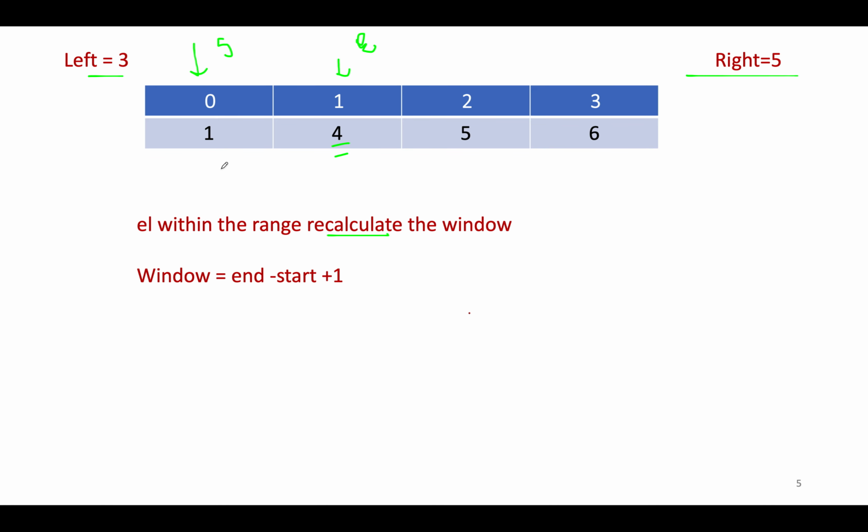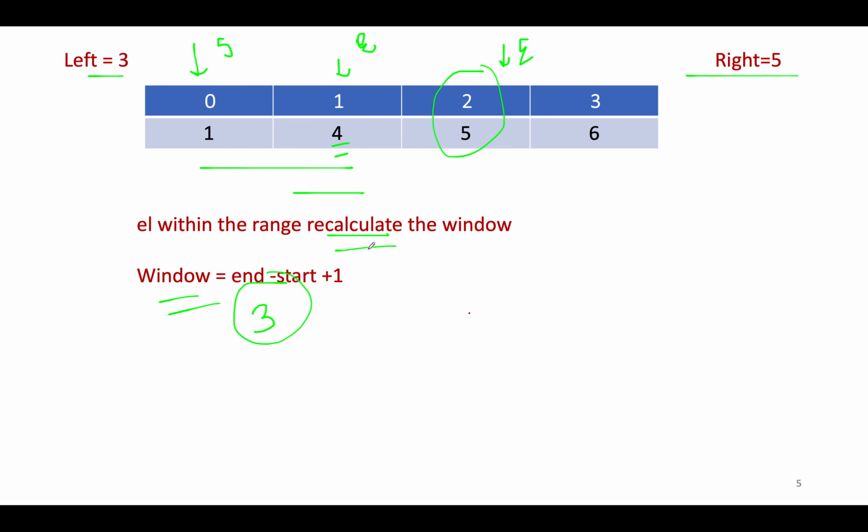There are two sub-arrays that are to be added into our answer set, 1 4 and 4. Now comes another element which is 5. 5 being part of the range 3, 5, we'll have to recalculate the window size. End points here, and recalculation of the window size must take place. The new window size would be equal to 2 minus 0 plus 1, which is 3.